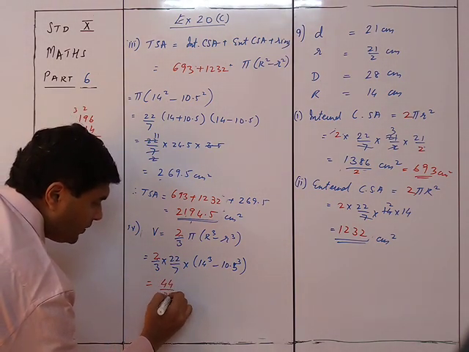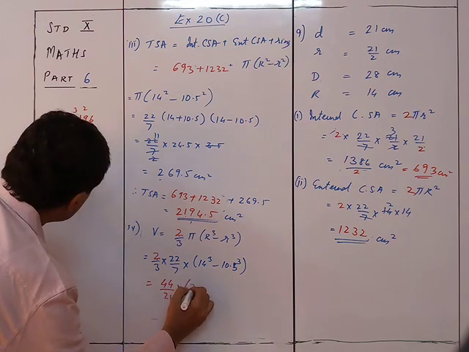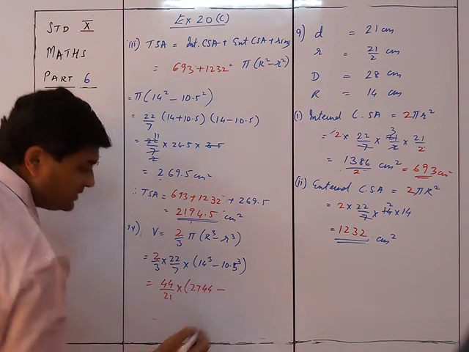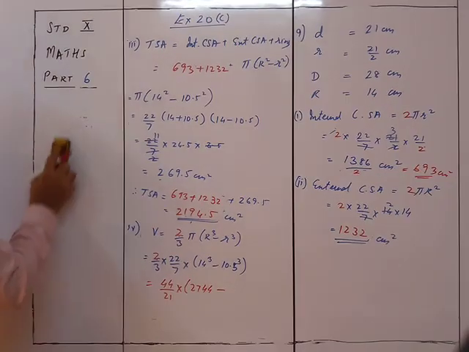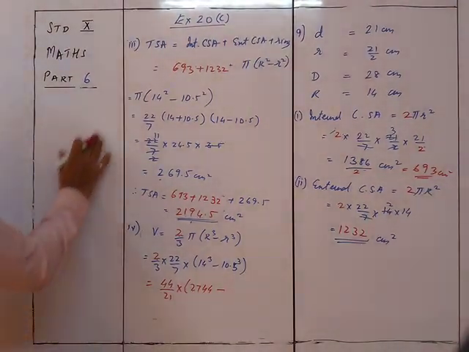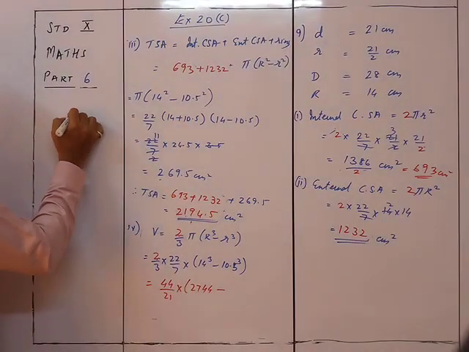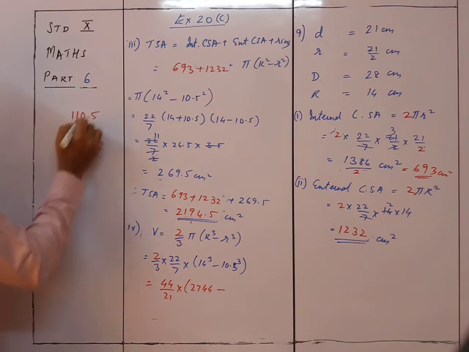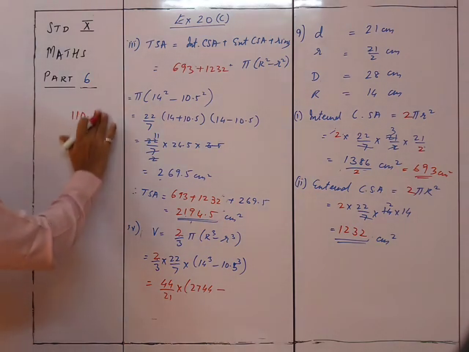So this is going to be 44 upon 21 into 2744 minus 105 into 105, which is 110.25.